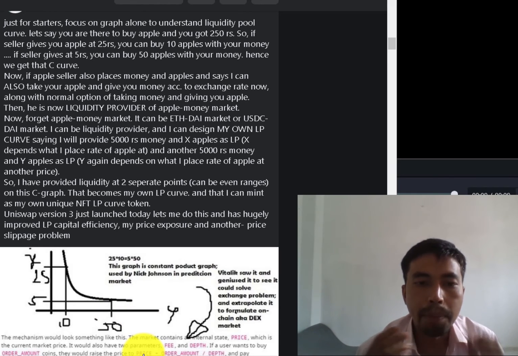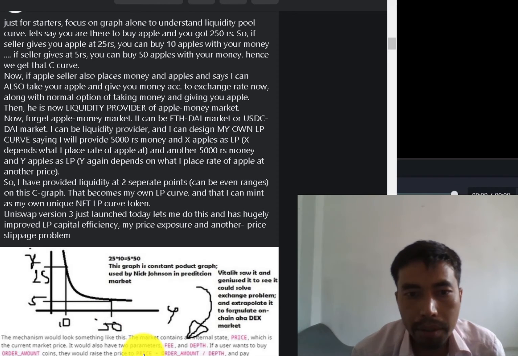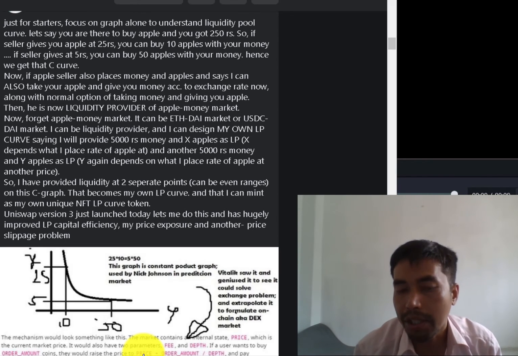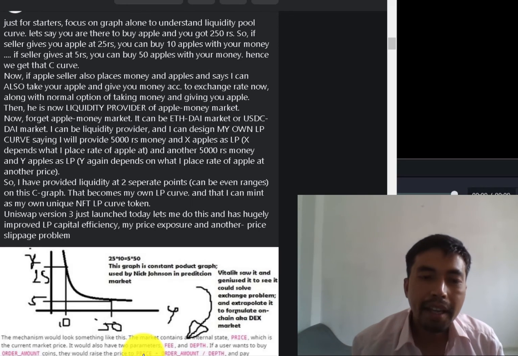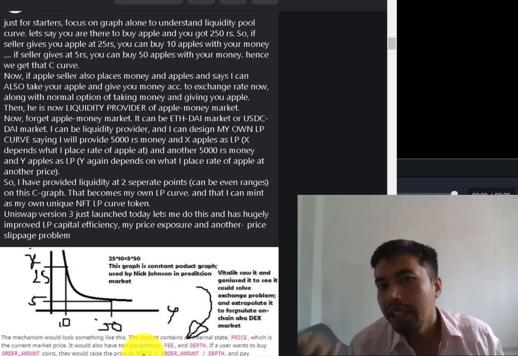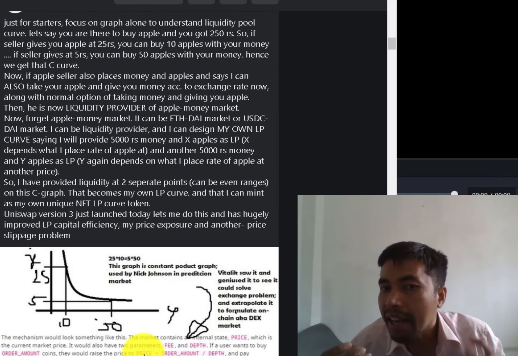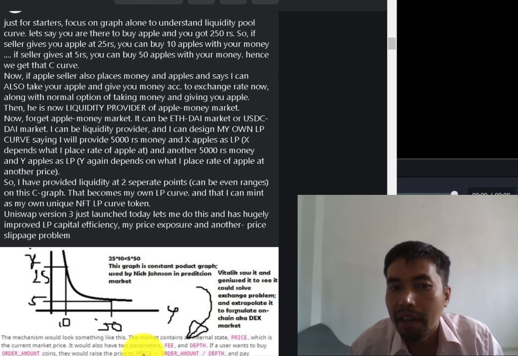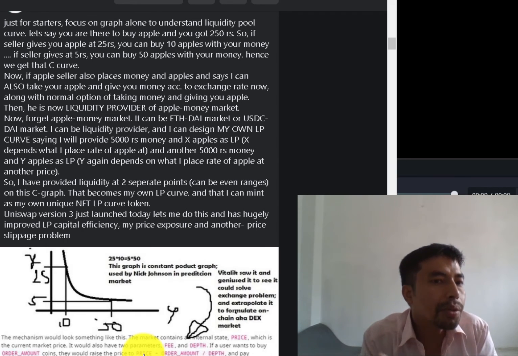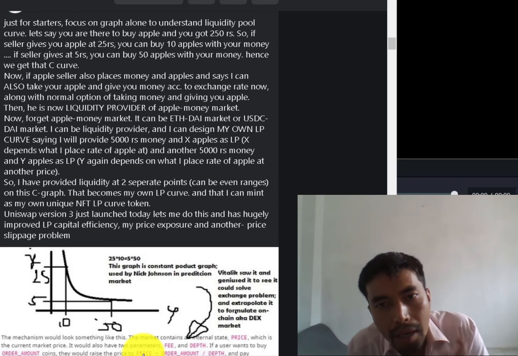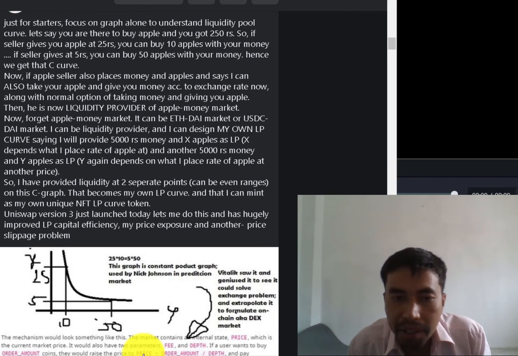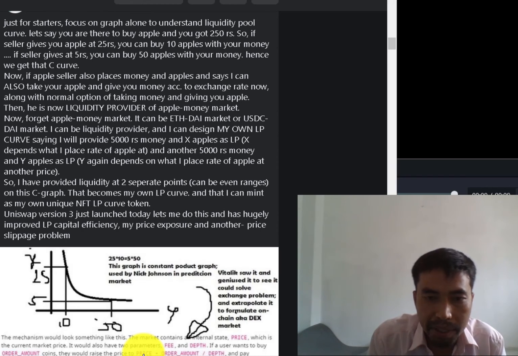So UniSwap version 3 launched just 5 days ago lets me do this, and it has hugely improved liquidity pool capital efficiency. How is my capital efficiency? Because it's entirely under my control how much ETH I am willing to give to DAI at the exchange rate I am going to offer. Say I can say I will be giving you ETH in exchange of DAI only at 3000 DAI per ETH, or at 2500 DAI per ETH.